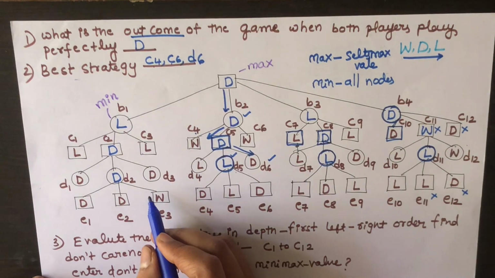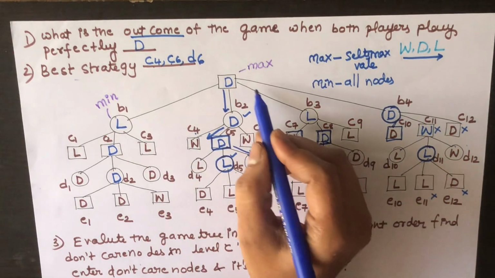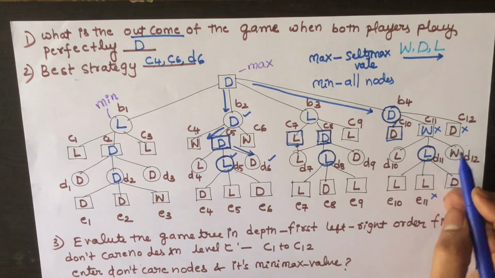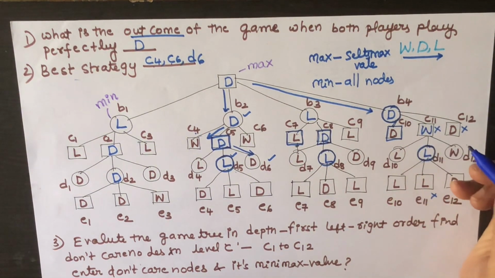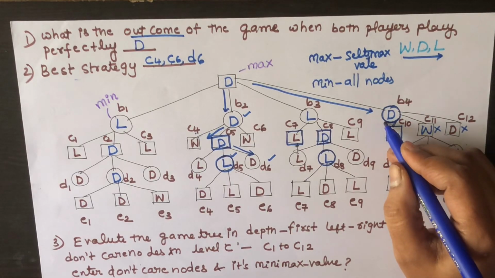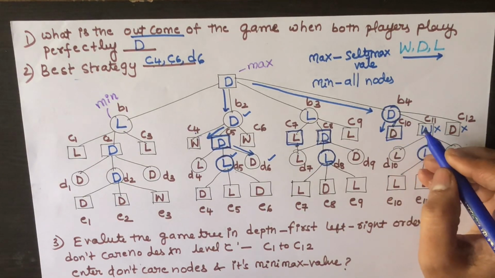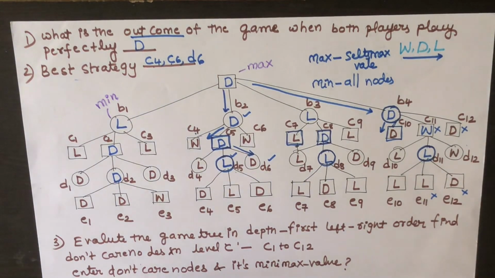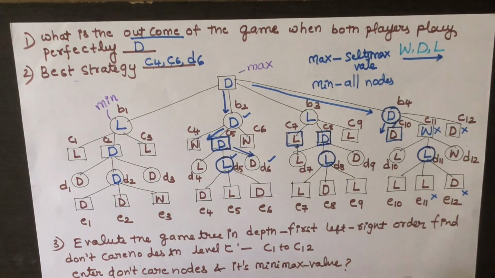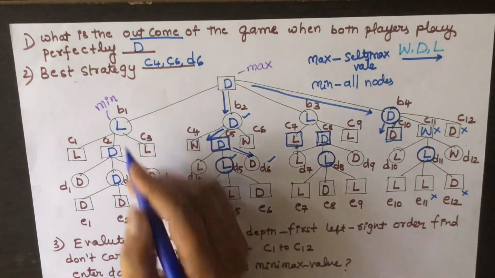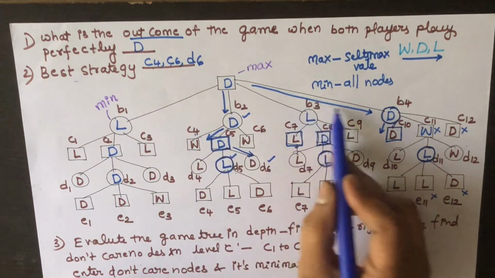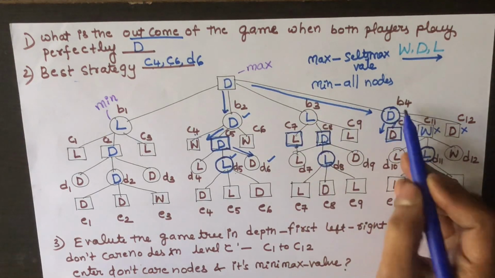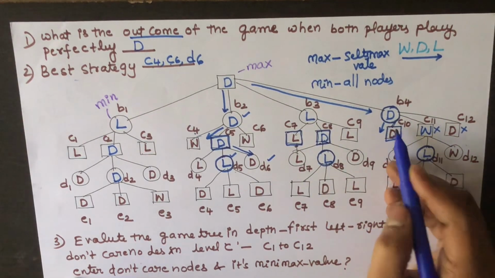Okay. And if D came from this direction, go to reverse direction. D came from this side. So the next best strategy, D came from this direction, B4 to C10.